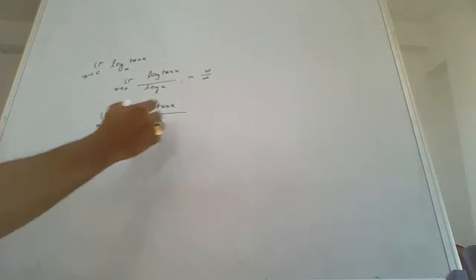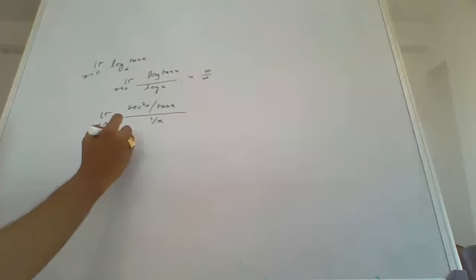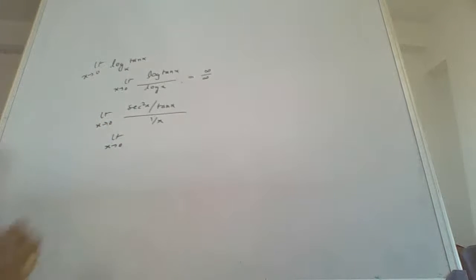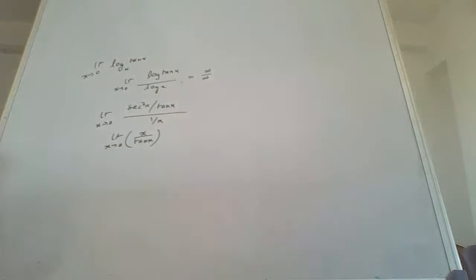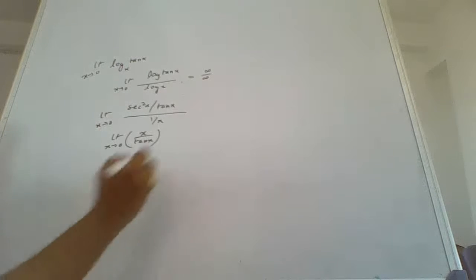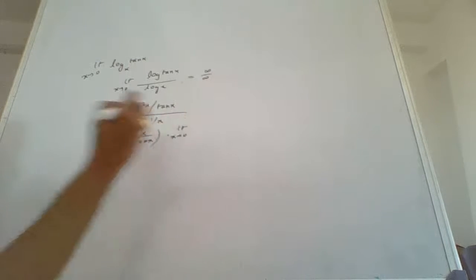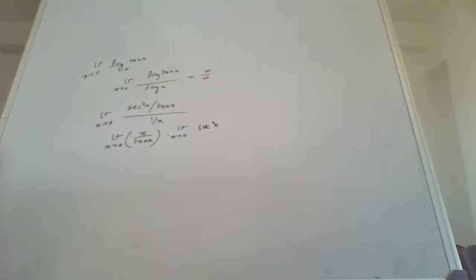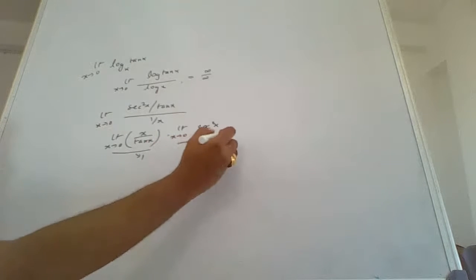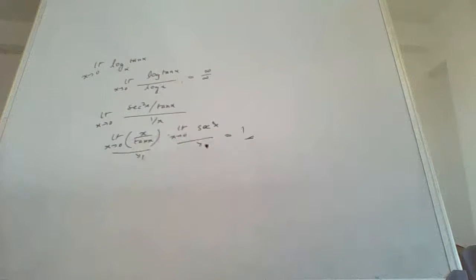So further, if I try to manipulate this, I need only x and tan x here: x goes up and tan x in the denominator, multiplied by secant square x. Now this results in 1, and this also results in 1. So I get 1 here.